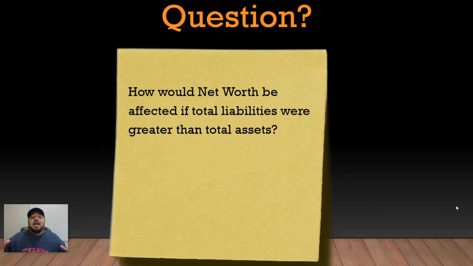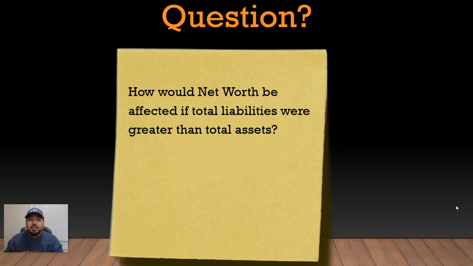So I hope that you paused the video and actually tried to answer this question. How would net worth be affected if total liabilities were greater than total assets? Well, if your liabilities, something that you owe, were greater than your assets, what you own, then you will have a negative net worth.